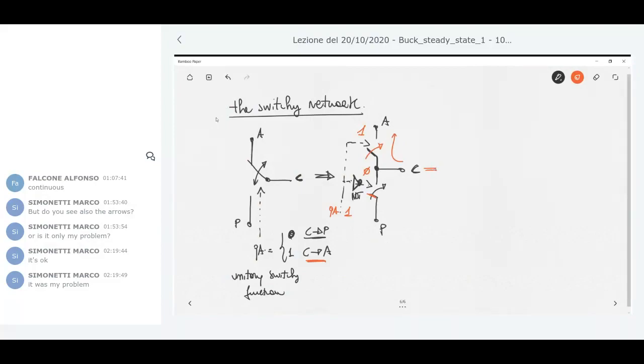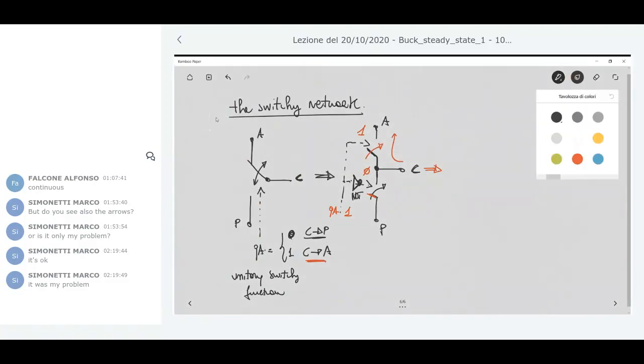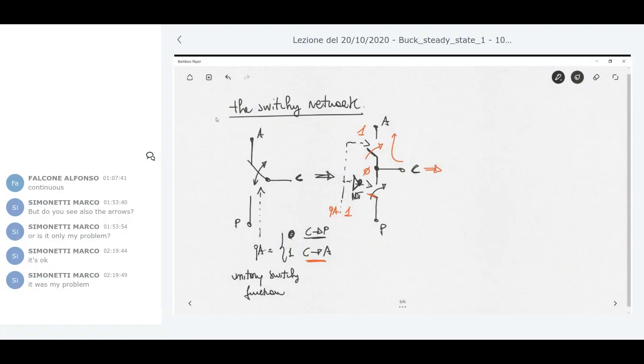How can you obtain in practical circuits this combination of two switches? For example, by using a transistor and a diode connected in this way. This is my node A, the active node, this one. Then I have the common node here, and then you have the passive node.